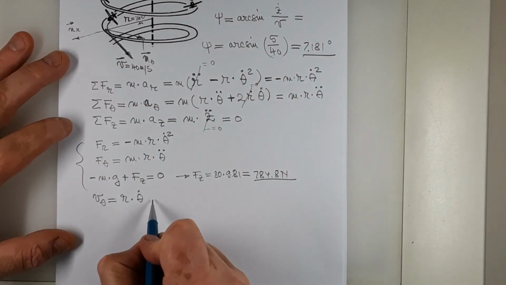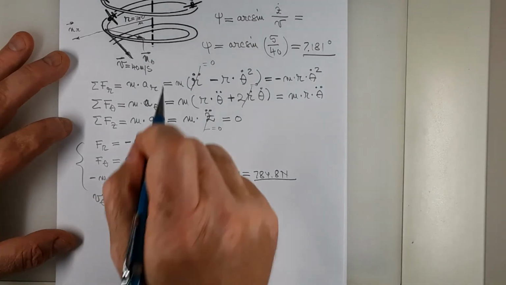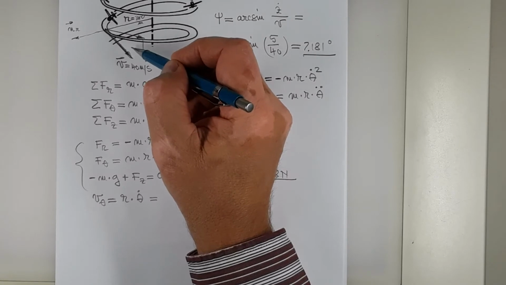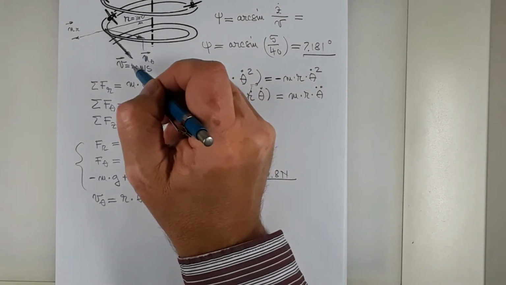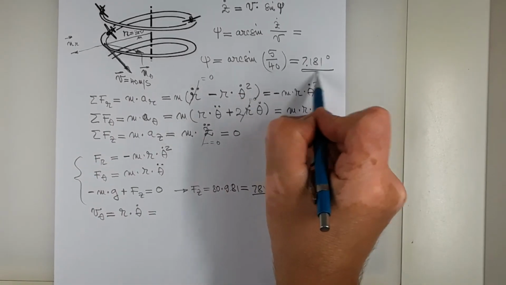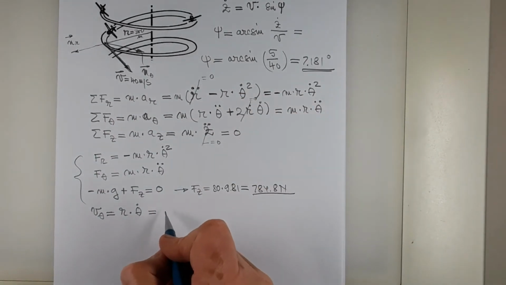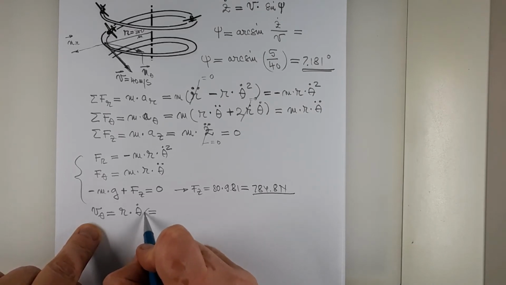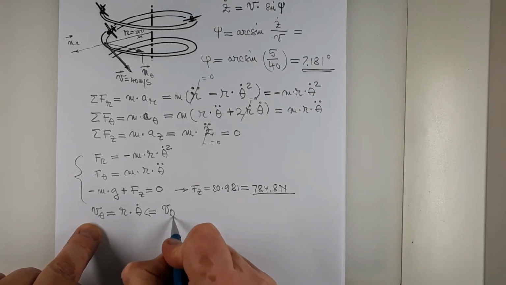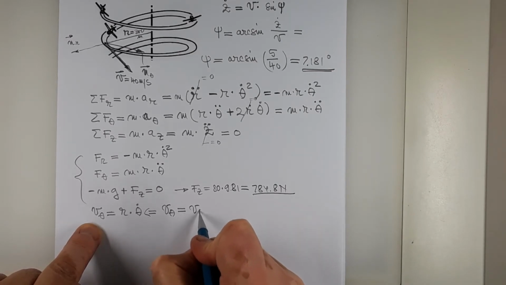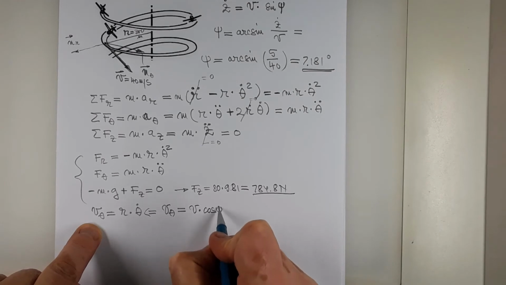Velocity in the transverse direction, this part is going to be the horizontal projection of the velocity that's given, 40 meters per second. So we found the angle, and we can state that. Again we plug it here. Velocity in the theta transverse direction is velocity times cosine of helix angle.